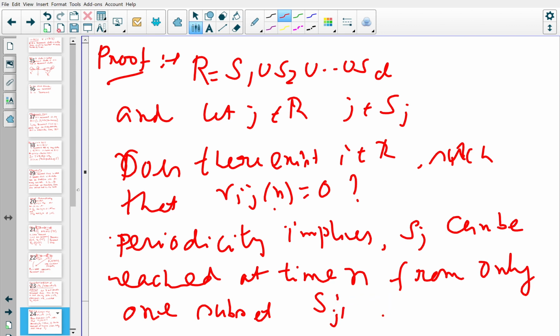From only one subset, right? Because n is given. The moment you choose n, you find one i which is outside this, right?